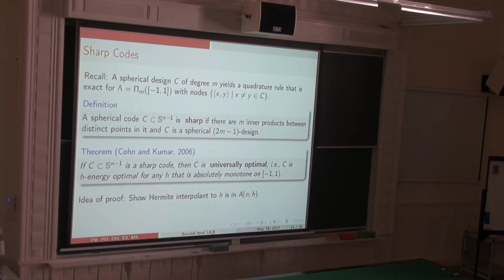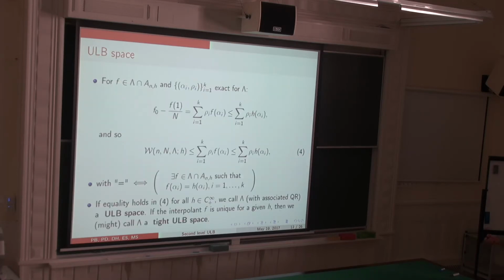Okay, so sharp codes. Here, the seminal paper by Cohn and Kumar established universal optimality of a whole bunch of codes, and they were sharp codes, namely codes that have m inner products and that are 2m-1 designs. For such inner products, we can actually derive this, and alpha i will be these inner products. So this actually works.